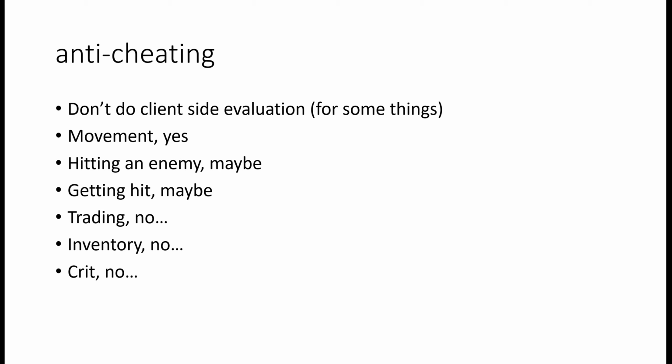So you have to be sure that your game isn't hooked into, or you might just want to make it very difficult for cheaters to hook into your game. You can also have your client evaluate whether or not it got hit.